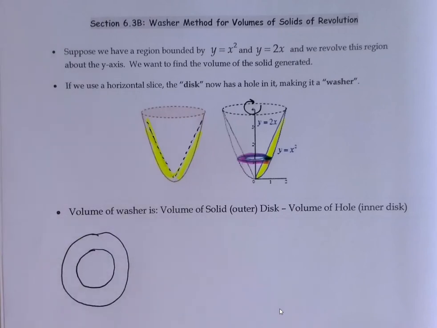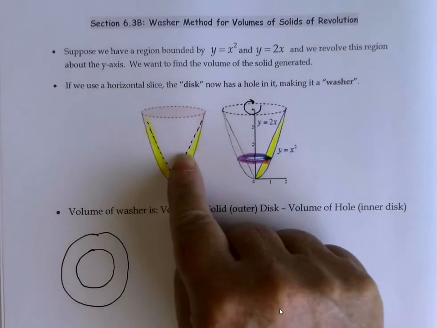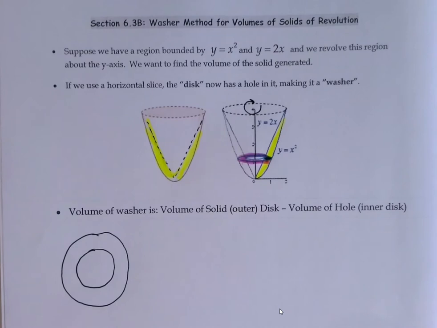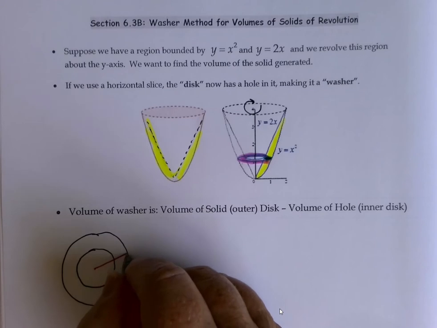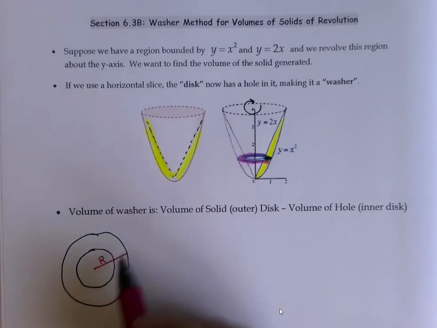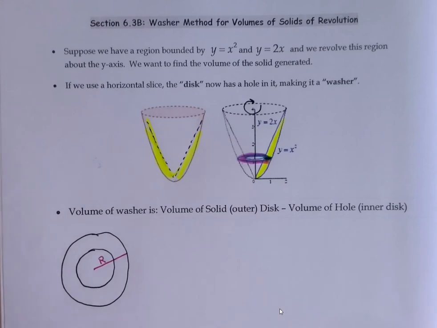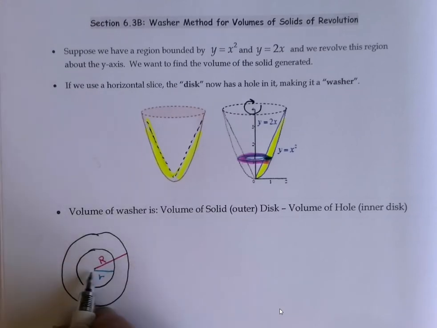The way that we're going to go about finding our volume is essentially by finding the volume of the whole thing as if it were solid and then subtracting out the piece that's the hole in the middle. So what I'll end up with here is actually two radiuses. The large radius is going to go all the way out to the far edge, and then the small radius goes out to the edge of the hole.